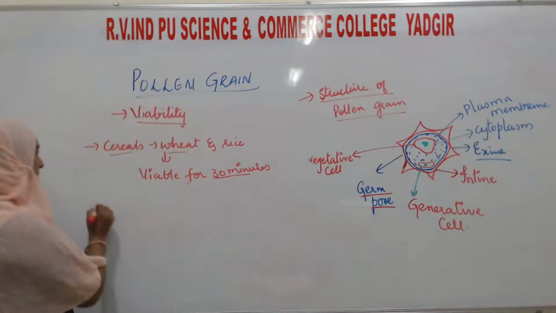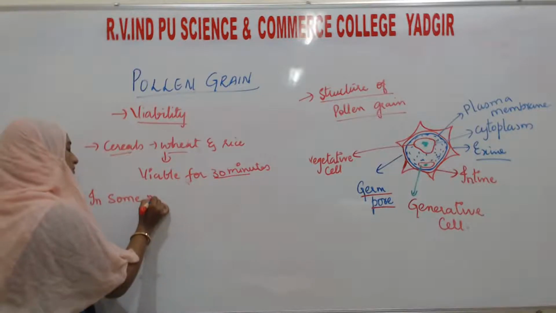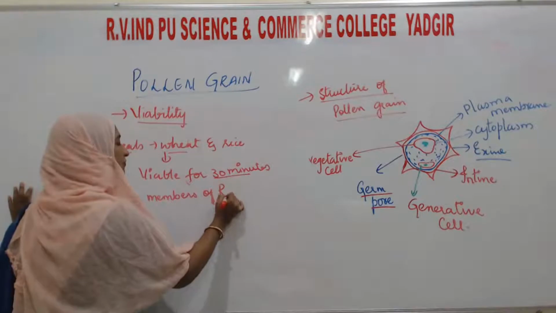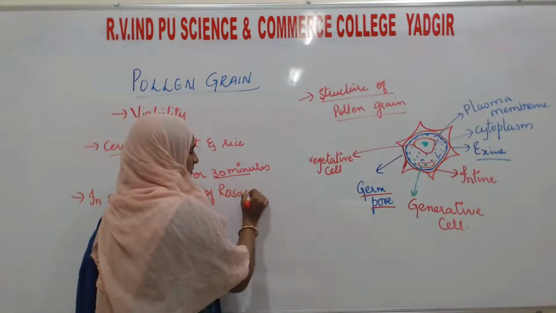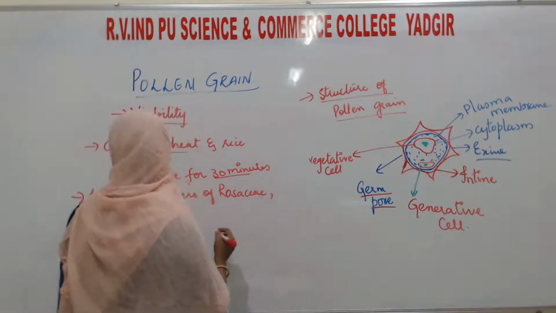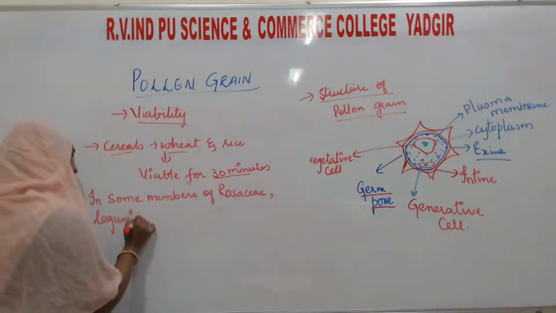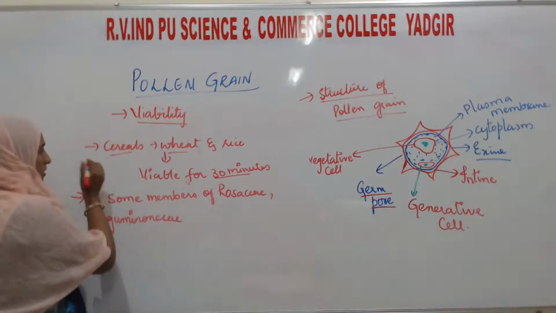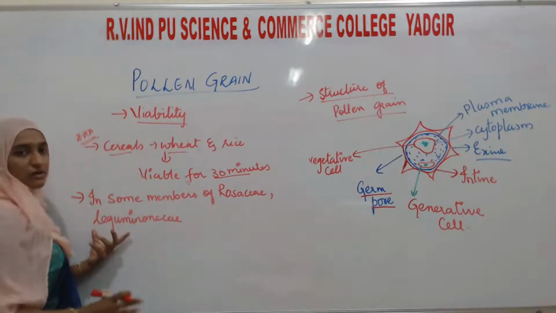This viability is for some cereals such as wheat and rice, and in some members of the family Rosaceae, Leguminosae. In your NEET exam, they will ask points like these.